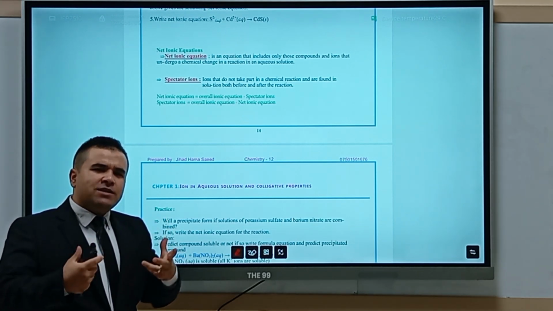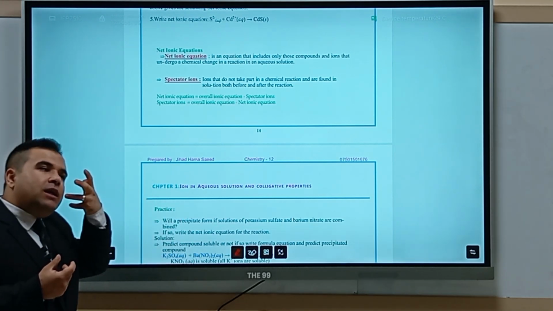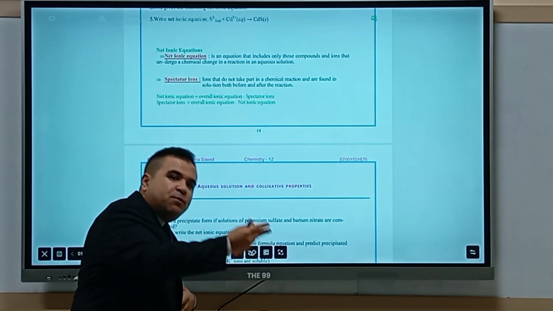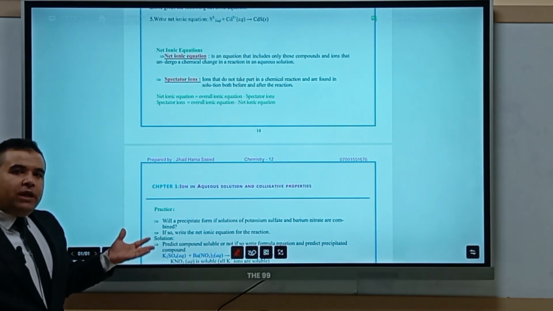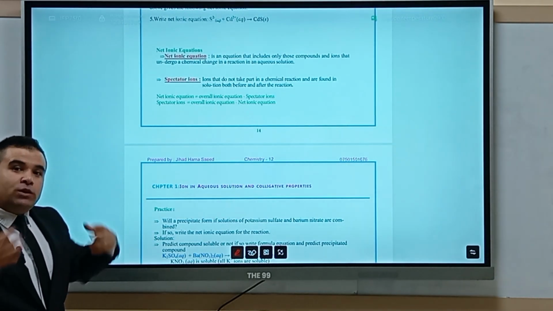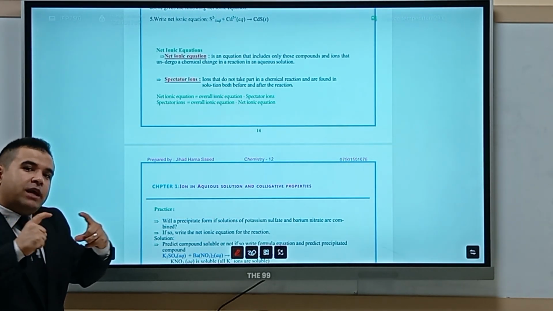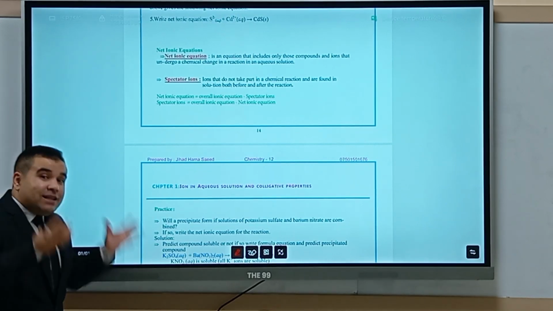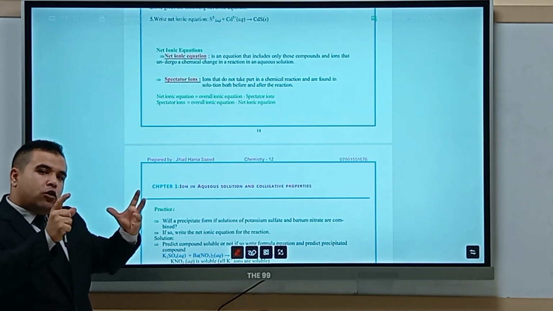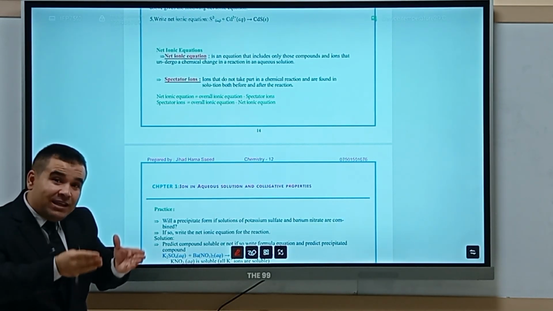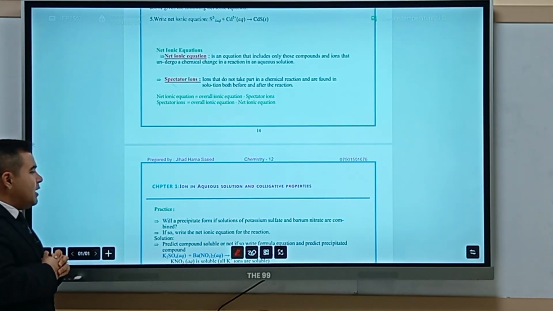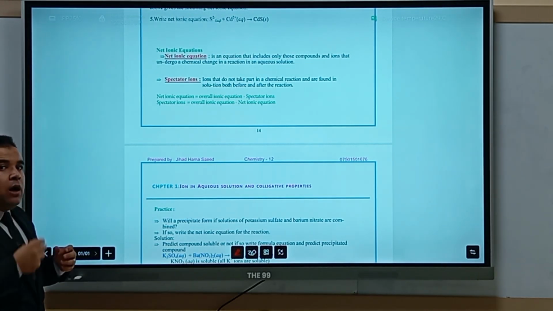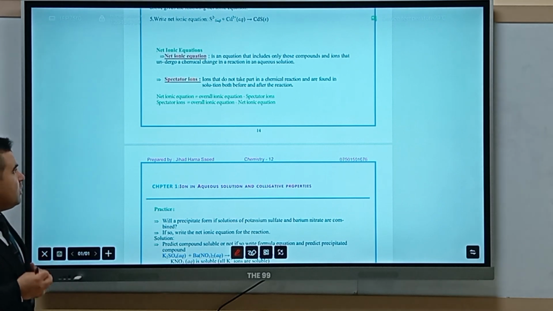And much simpler, we can say, whenever the ions in the reactant combine to form a precipitate in the product, those ions with the compound become the net ionic equation. And the spectator ions are those ions which do not undergo any chemical reaction. And for that we have three types of questions we'll be talking about in detail.